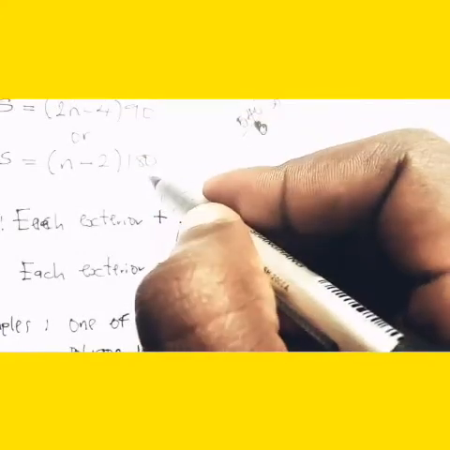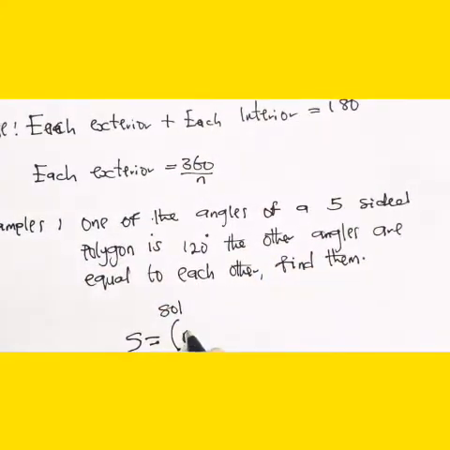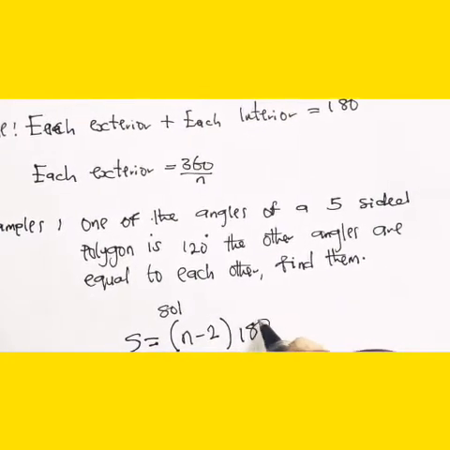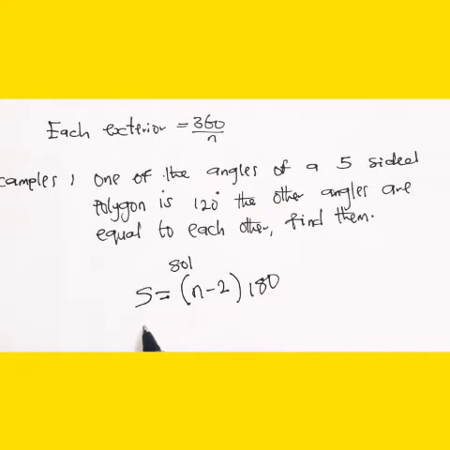By our formula, we can use either of them, and we're going to arrive at the same thing. I'm going to use n minus 2 times 180. The number of sides has been given as 5 because we're dealing with a pentagon.